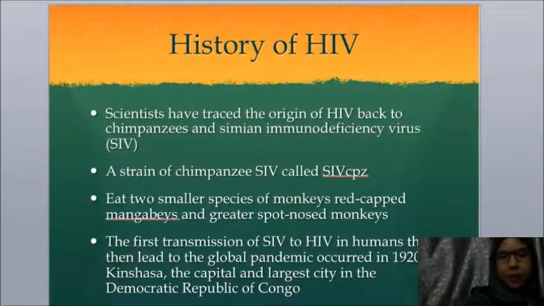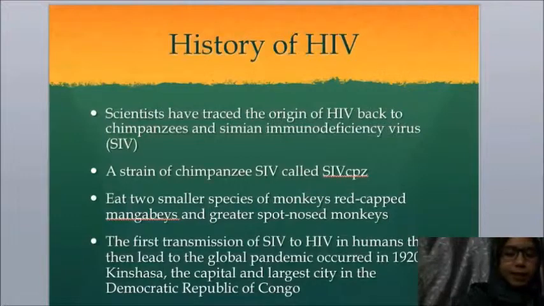SIV is actually a HIV-like virus, but they only attack the immune system of the apes and chimpanzees. In 1999, researchers identified a strain of chimpanzee SIV, called SIV-CPZ. And this SIV-CPZ is nearly identical to HIV.